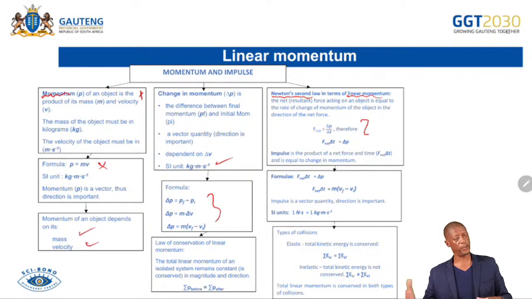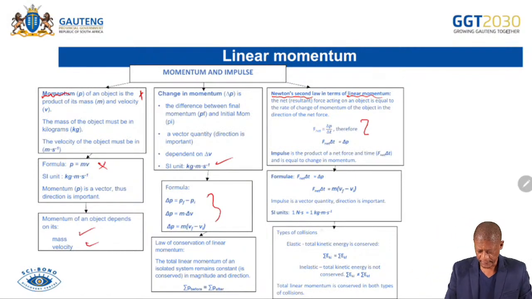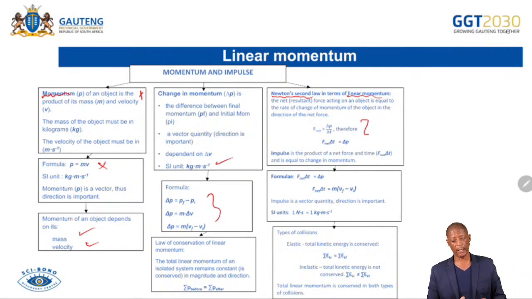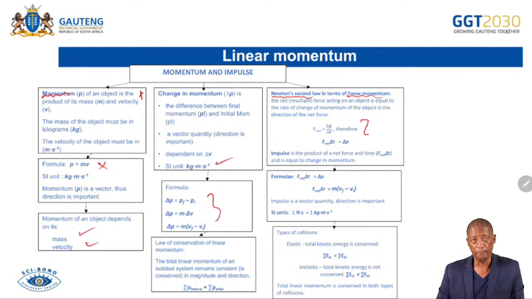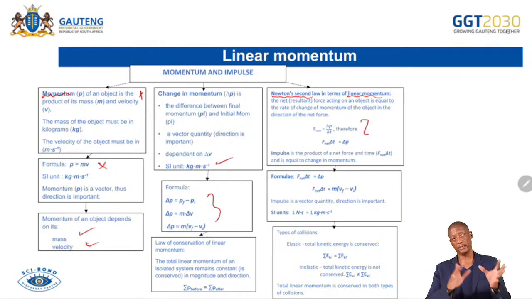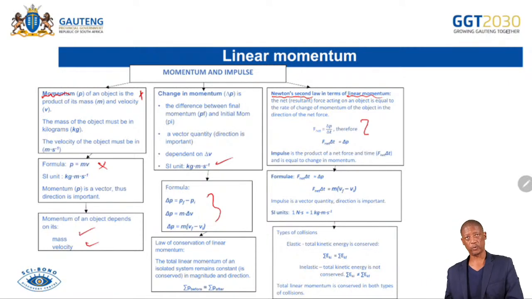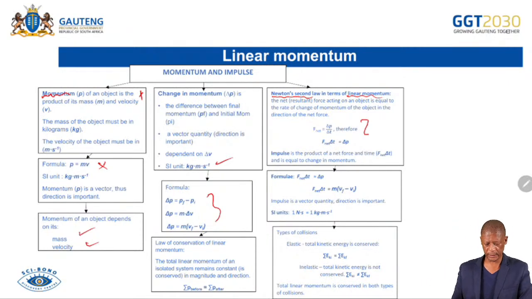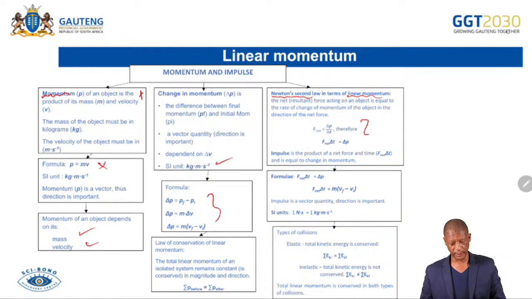Then we'll continue when we deal with the types of collision. For today, we are anticipating to end our lesson on impulse. Then the next lesson will be going through the types of collisions and the calculations thereof.